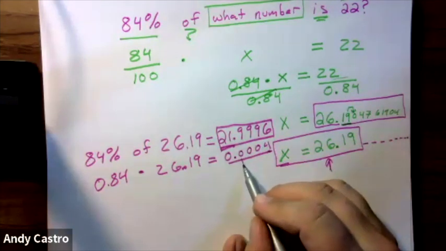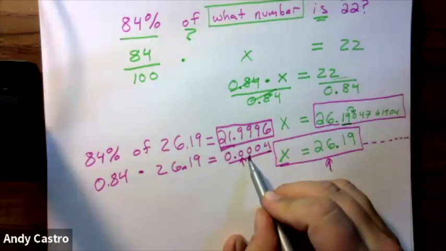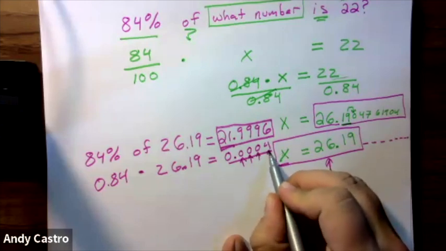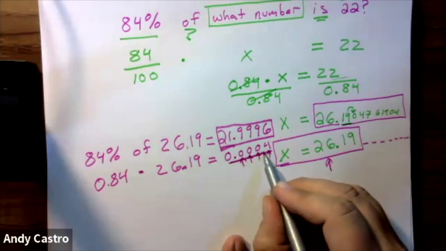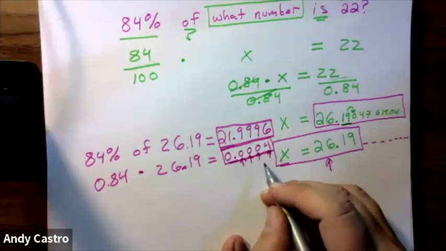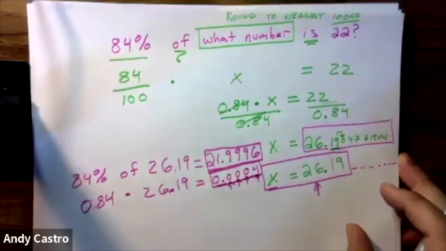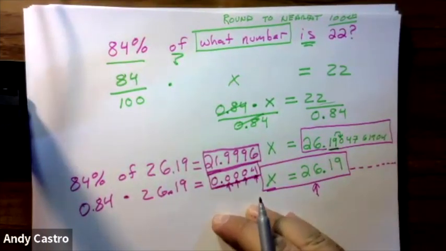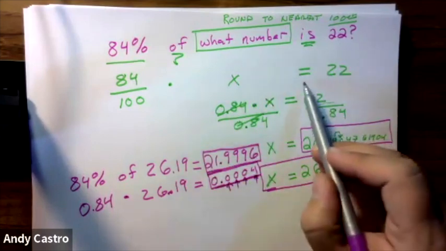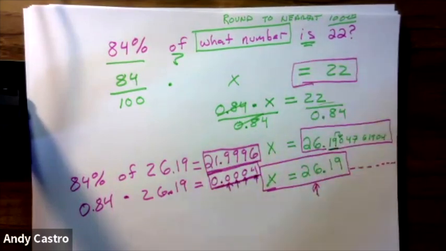And that error is tenths, hundredths, thousandths, ten-thousandths. So I've introduced an error of ten-thousandths. Now, this is important to realize because up until this point in most of your mathematical journey, most answers are going to come out pretty close to natural numbers or whole numbers.